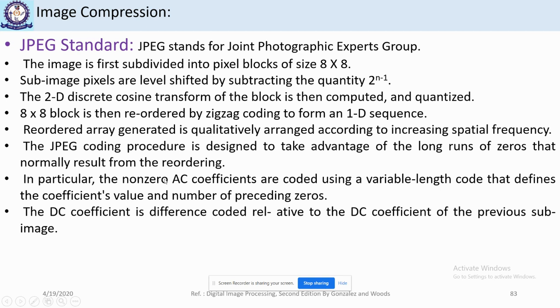Now this we will look at in detail when we take one example. The DC coefficient is difference coded relative to the DC coefficient of the previous subimage.